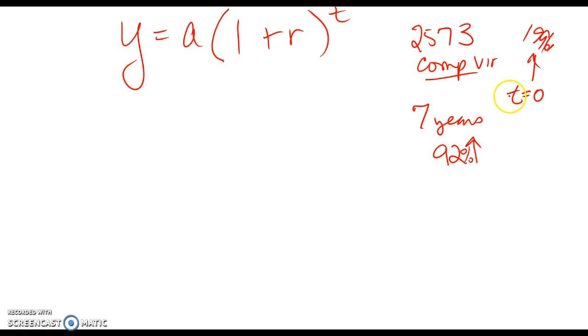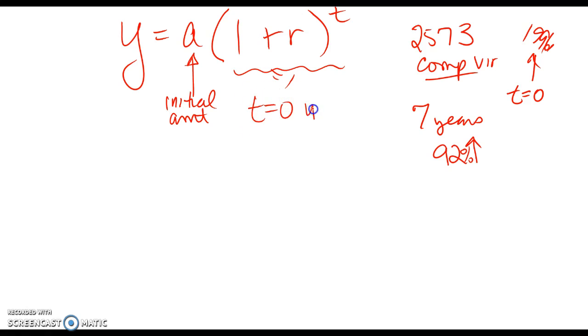What you're going to find is this A, when you have these real life situations, is the initial amount of whatever you're talking about. Because if I set t equal to 0, t equal to 0 makes this quantity here equal to 1, doesn't it? So at t equals 0, y actually equals a.